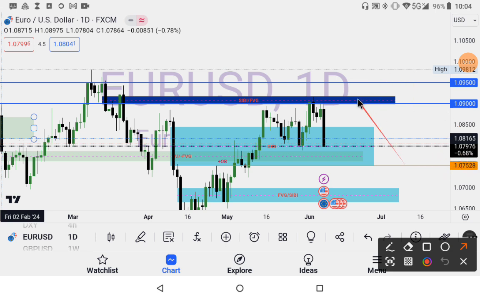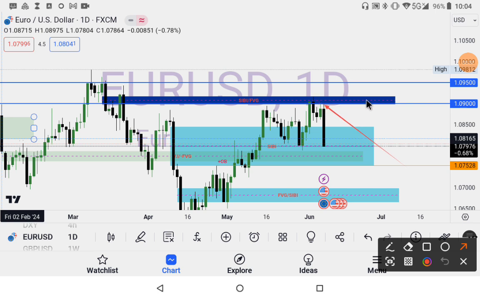So as you can see, 1.09 thousand has been delivered. You should remember I mentioned 1.09 thousand 2 weeks ago, so I expected it to be taken. It was delivered on Monday, and the market stood around it on Tuesday.